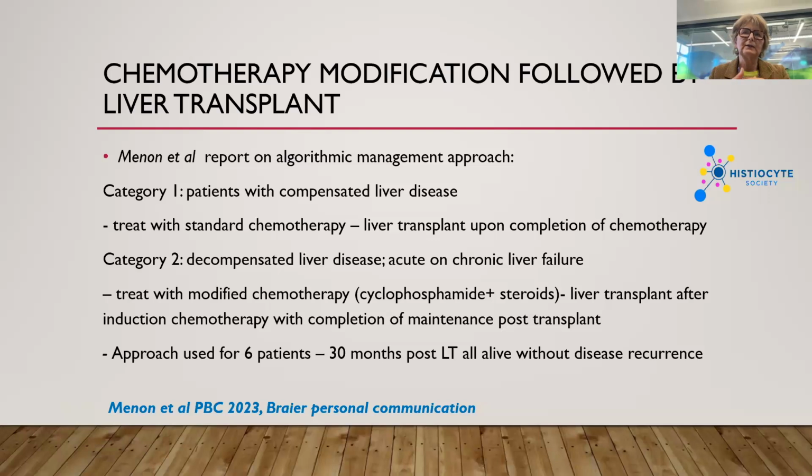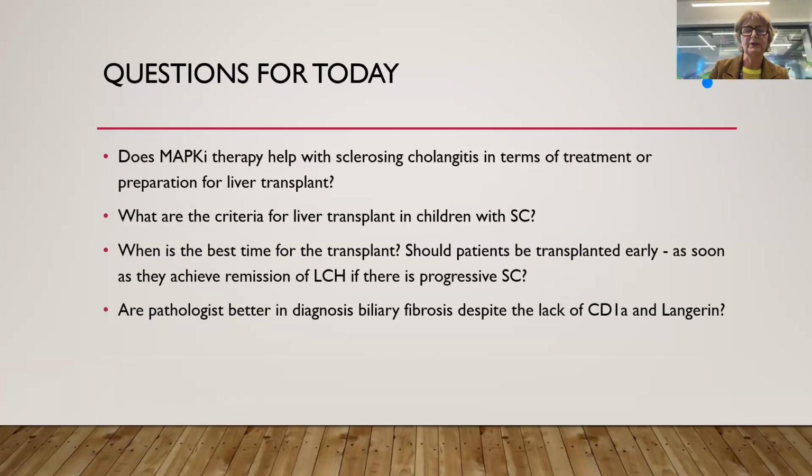They do this provided the patients are in remission. They've used this approach for 6 patients, and 30 months post-liver transplant, all of them were well and alive without disease. So these are questions for today's webinar.